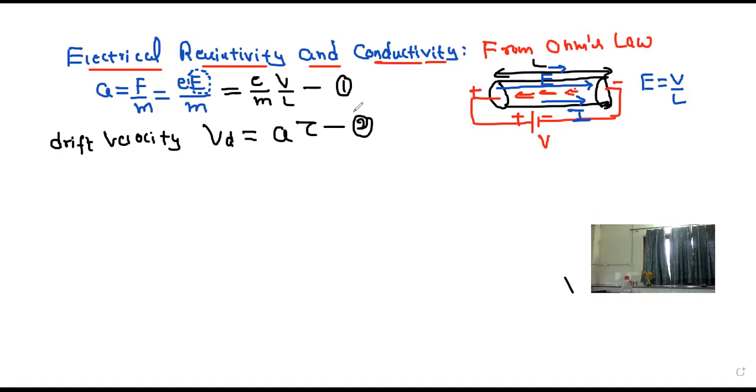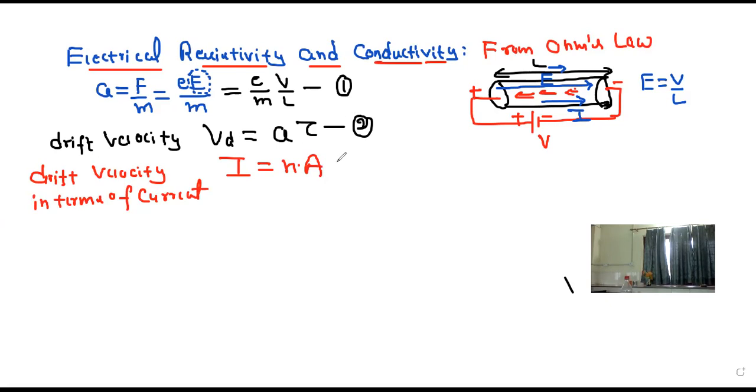And we also know that the drift velocity can also be written in terms of current. So we know that current I is equal to n A e VD.